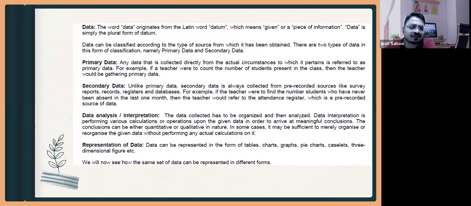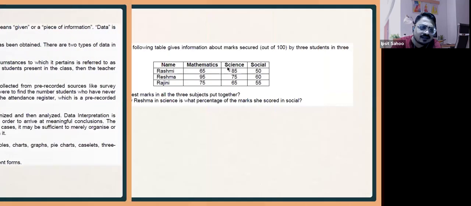We'll be learning representation in the form of tables, graphs, pie charts, caselets, and different types of three-dimensional figures, etc. So this is it for the basics. If you want to take a screenshot, that is well and good, though it is not essential. It will not be asked, but if you want to, you can.